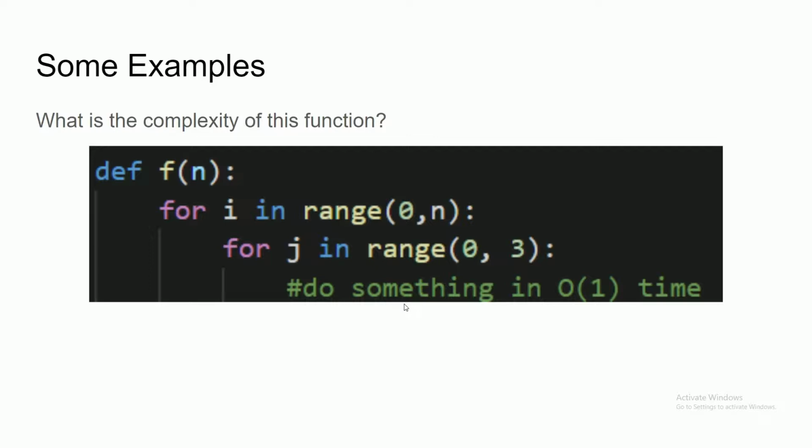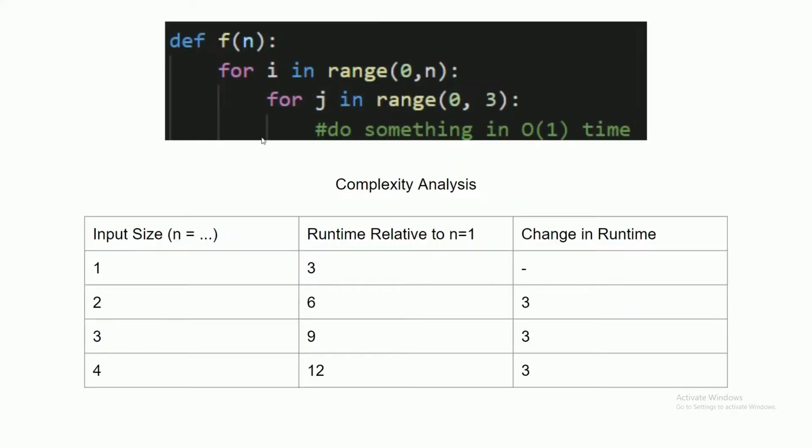So because we know that, we can then evaluate the outer loop. We can see that it'll run n times, and then whatever is inside of it will run exactly 3 times.